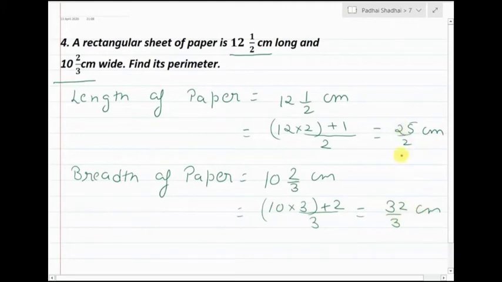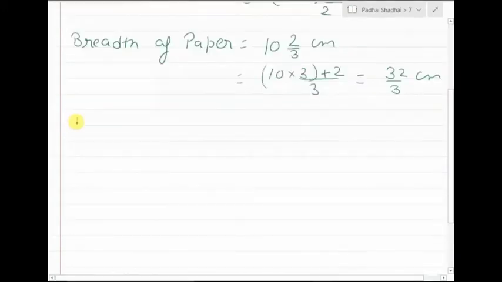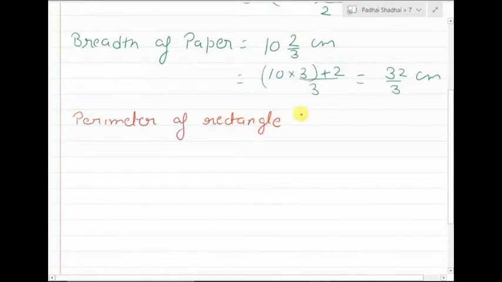Now we need to find out the perimeter of the paper. We know the formula for finding the perimeter of the paper or perimeter of the rectangle. Perimeter of rectangular paper or rectangle is equal to 2 into bracket length plus breadth. So we will write down the length and breadth as we have found it.